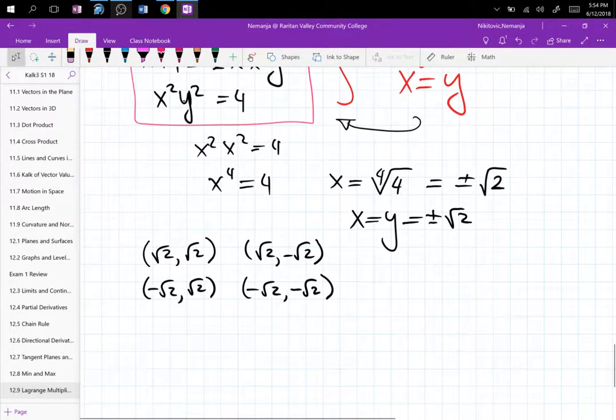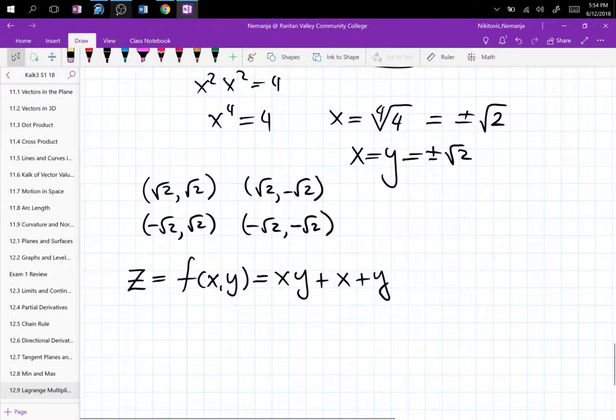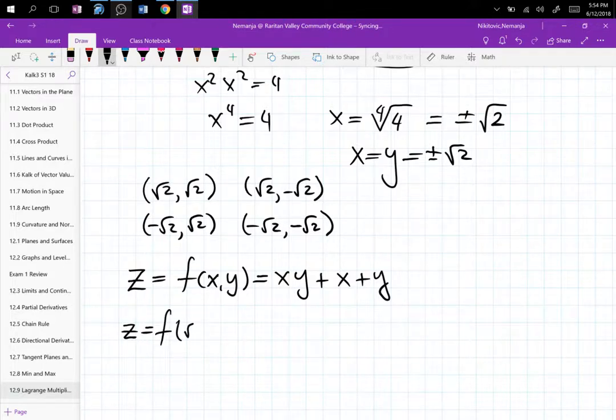Now we have our z, which is f of x, y, to be xy plus x plus y. So now z of root 2, root 2 is going to be 2 plus 2 root 2.